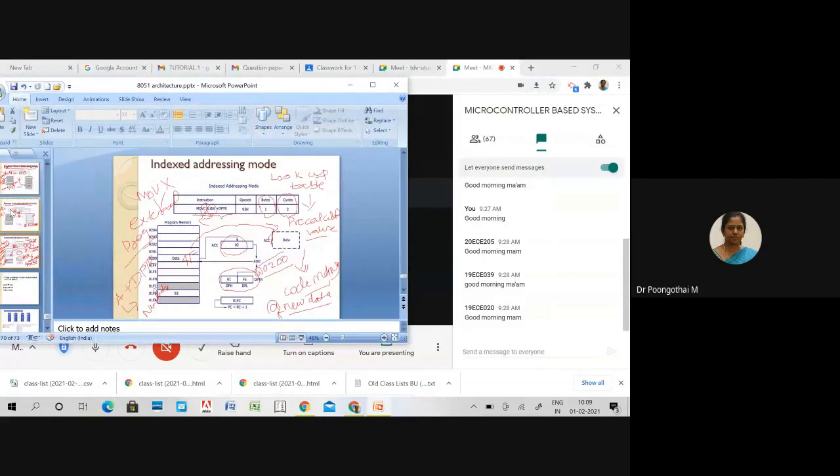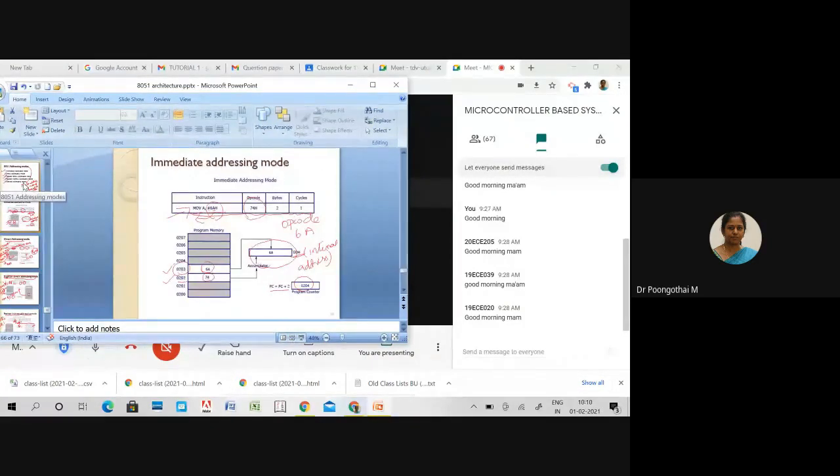Can any one of you summarize all the addressing modes? What is immediate? Immediate addressing mode transfers 8-bit data immediately to the accumulator, and it can be found only on the source operand.